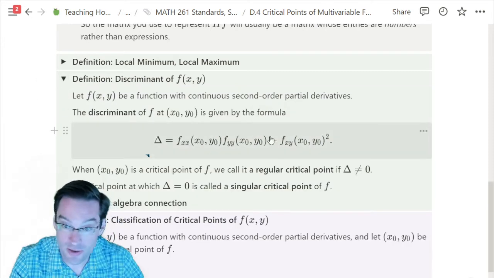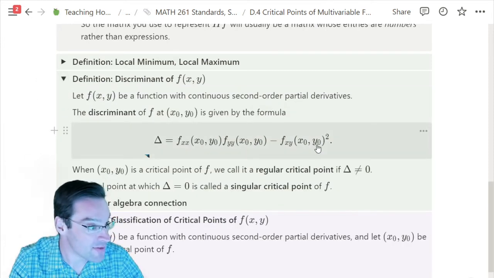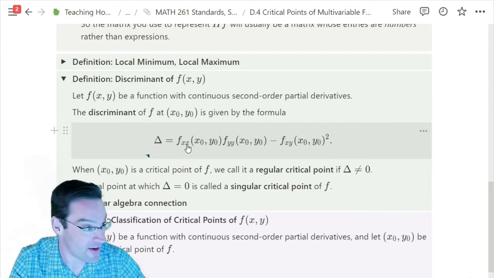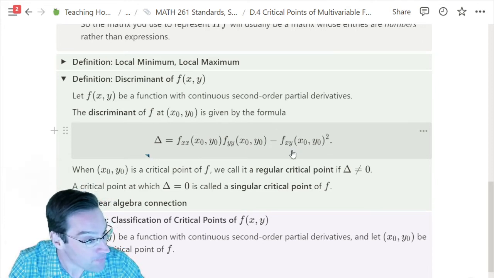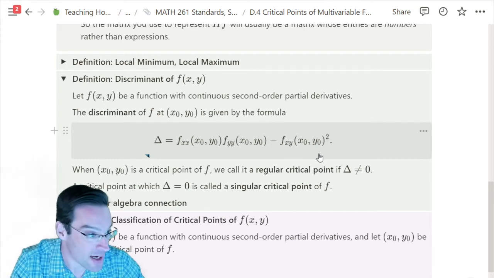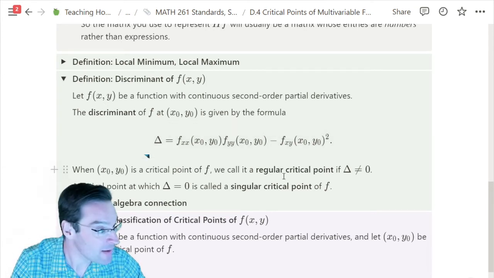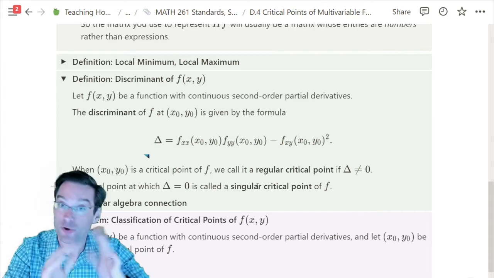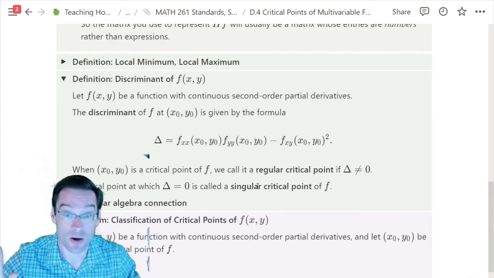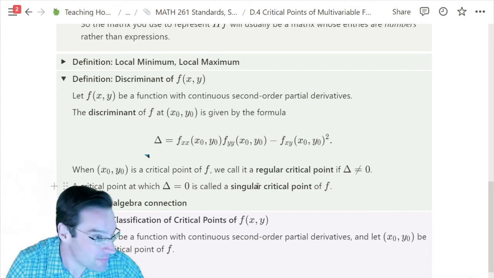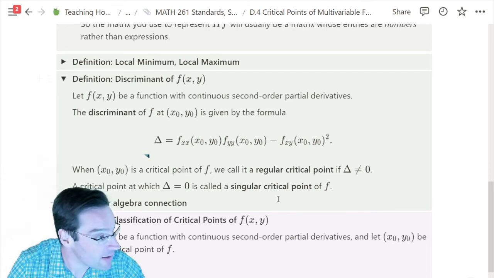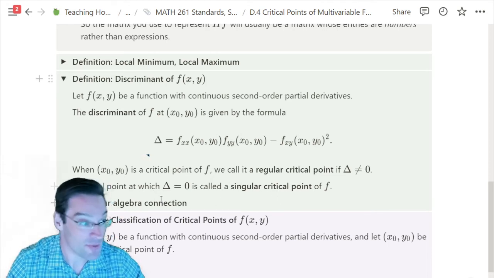The discriminant is just the product of the pure partial derivatives minus the square of the mixed partial, fxx times fyy, minus the square of fxy. And if that quantity is non-zero, we call it a regular critical point. If it's equal to zero, we call it a singular critical point, and we just sort of wash our hands and walk away. We might have to classify it in some other way, but we're not going to do any of those examples really, because we have not much time in our semester.